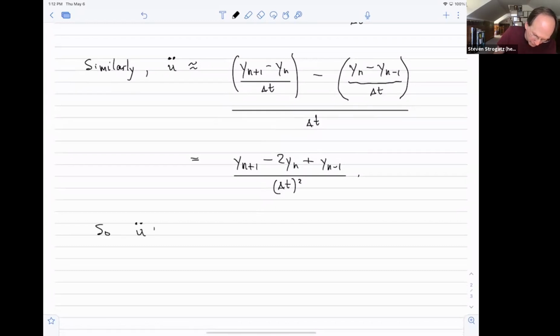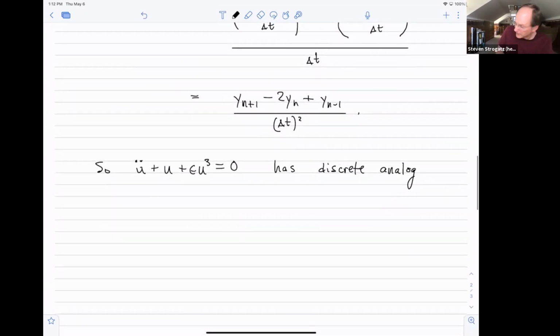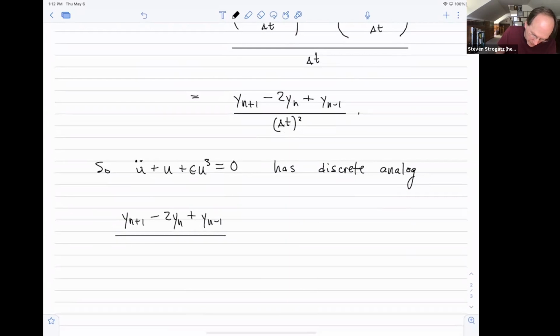So the discrete version of u double dot plus u plus epsilon u cubed equals 0. The discrete analog of that would be yn plus 1 minus 2yn plus yn minus 1 all over delta t squared.